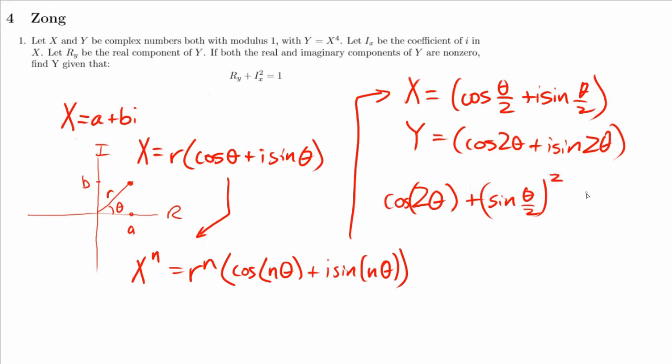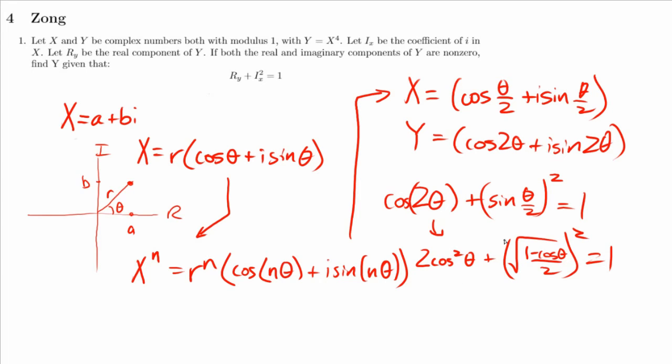Hope you know your trig identities, because you're going to need them. Cosine 2 theta is equal to 2 cosine squared theta minus 1, and sine theta over 2 is equal to the square root of (1 minus cosine theta) over 2.